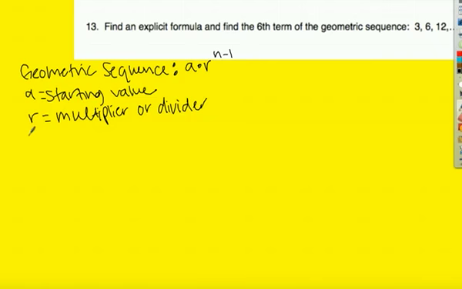And then n is going to be my term number.